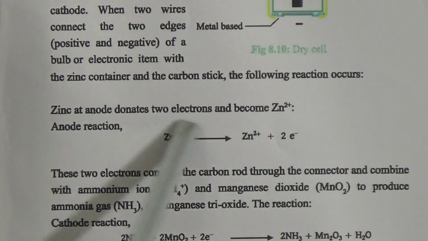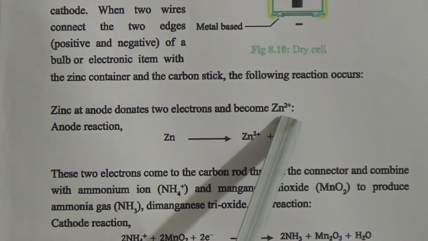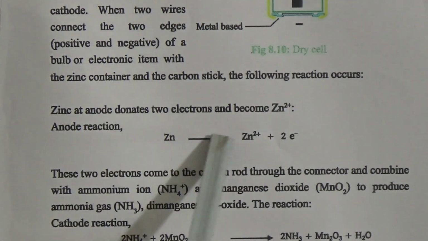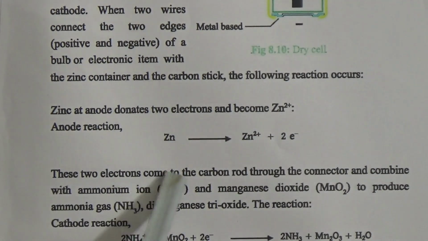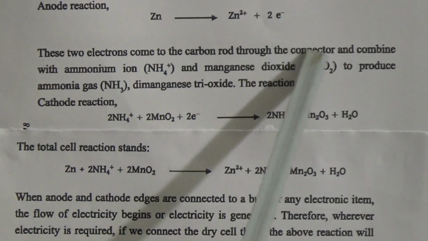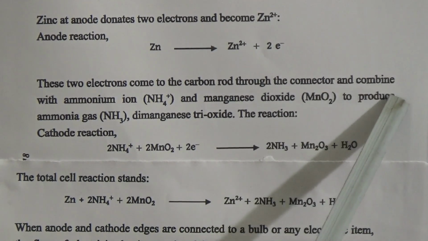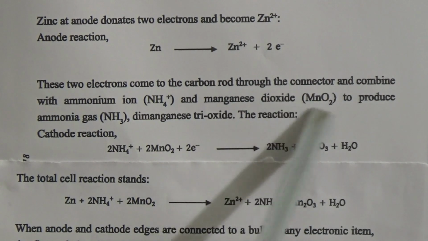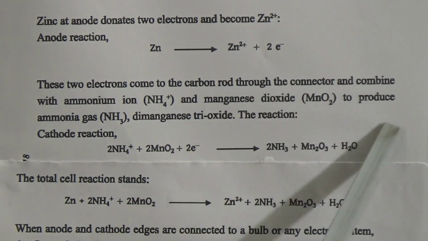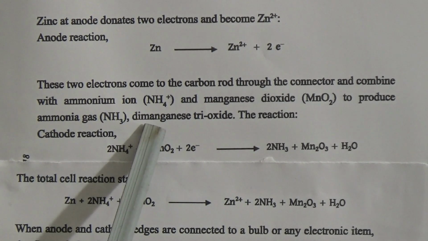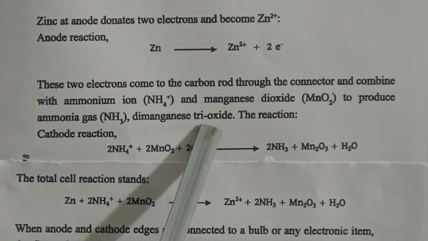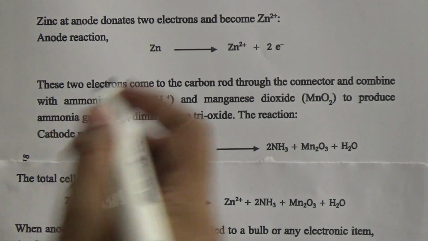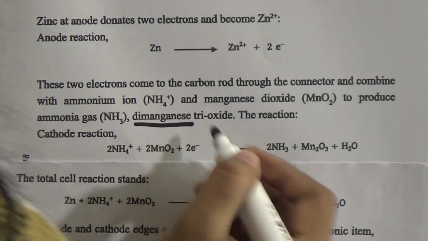Zinc at the anode donates 2 electrons and becomes zinc 2 plus cation, and there the oxidation occurs. The 2 electrons come into the carbon rod through the connector and combine with ammonium ions and manganese dioxide to produce ammonia gas and dimanganese trioxide.